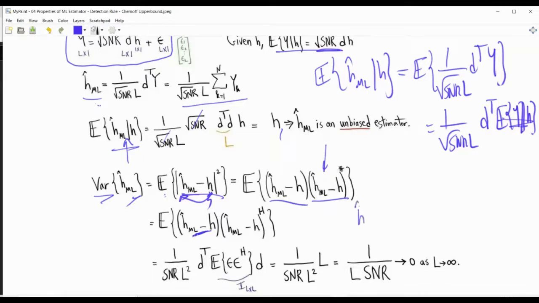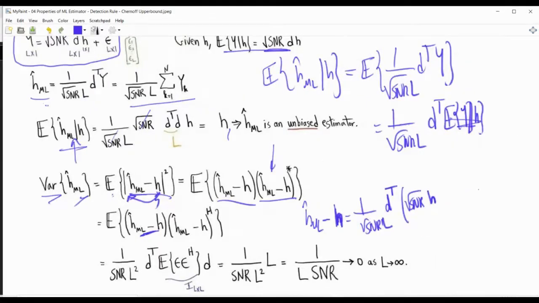What is H ML minus H? Okay, so this is 1 over square root SNR L, D transpose Y. What is Y? Y itself is square root SNR H plus epsilon, minus H. And there is a D here, okay?